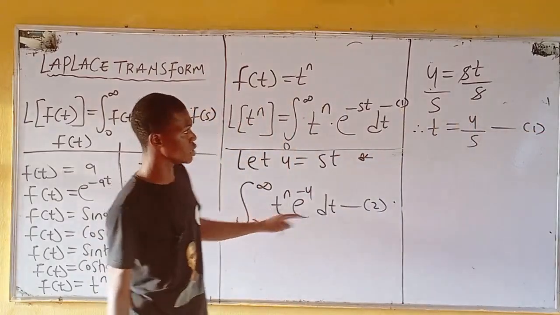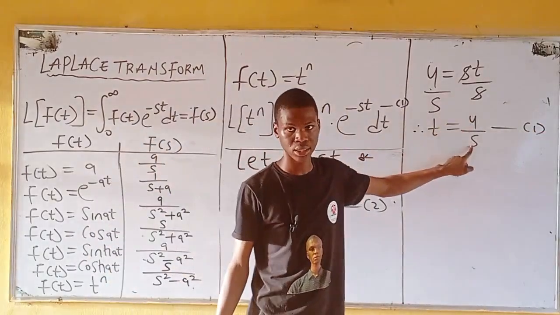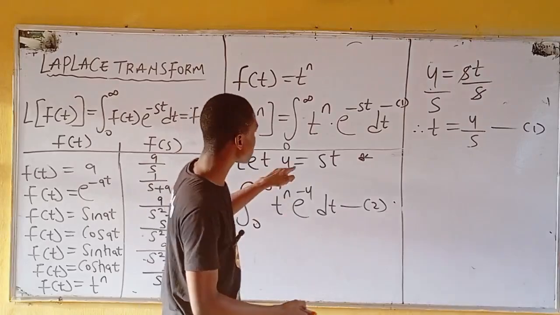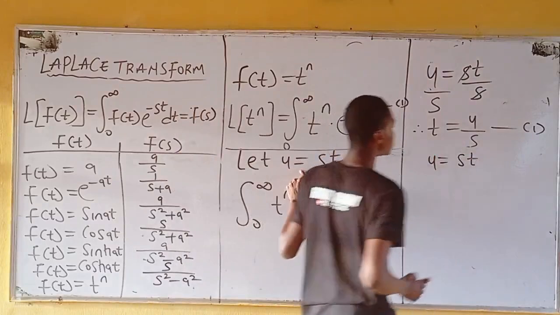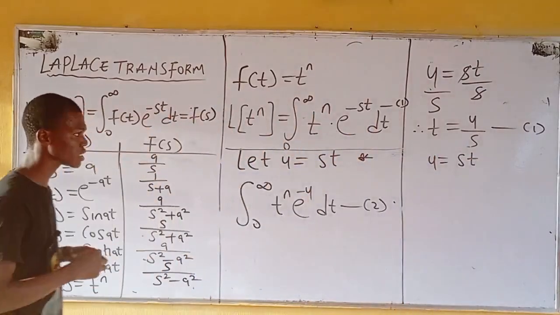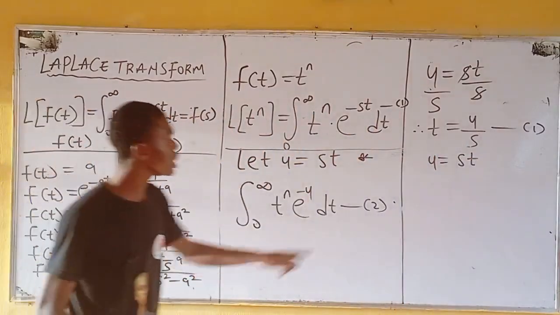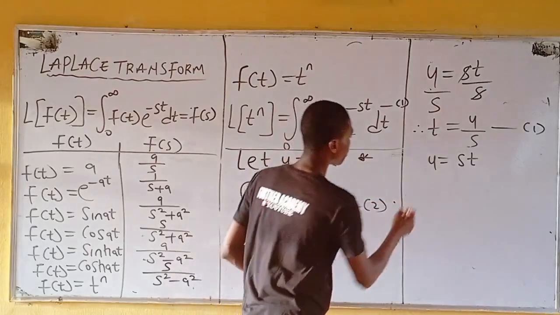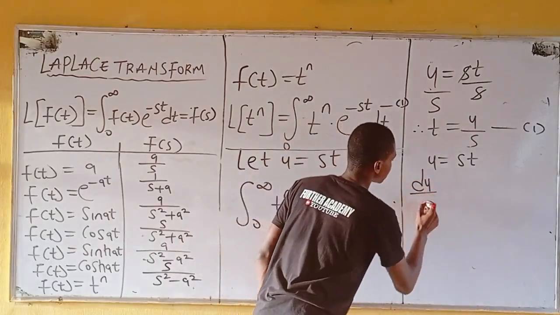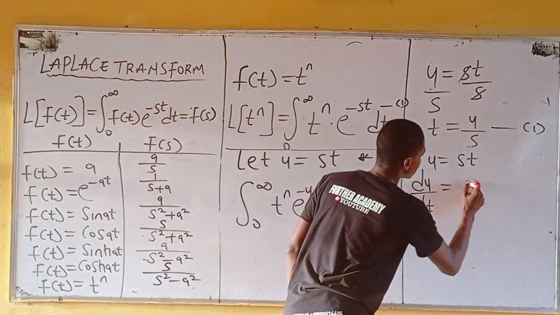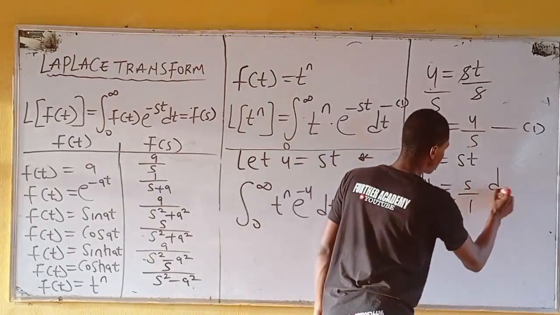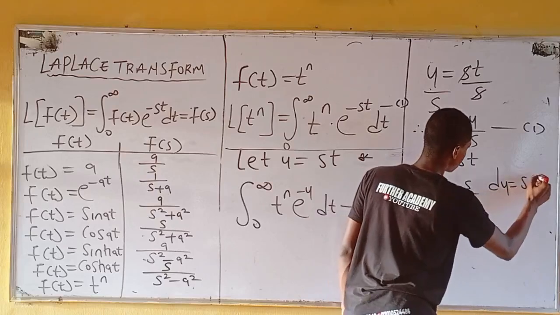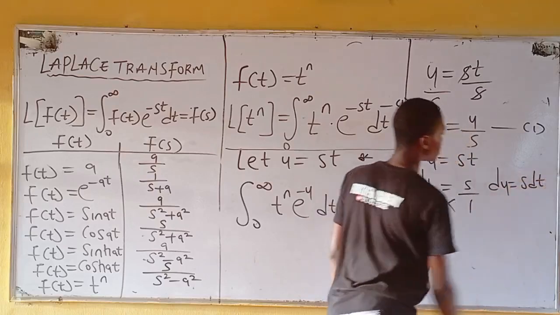Meaning, anywhere I see t, I'll substitute u over s. Moving on, from this same equation, u is equal to st, differentiate with respect to t, meaning du dt. Du dt is equal to s. Cross multiply, it becomes du is equal to s dt.